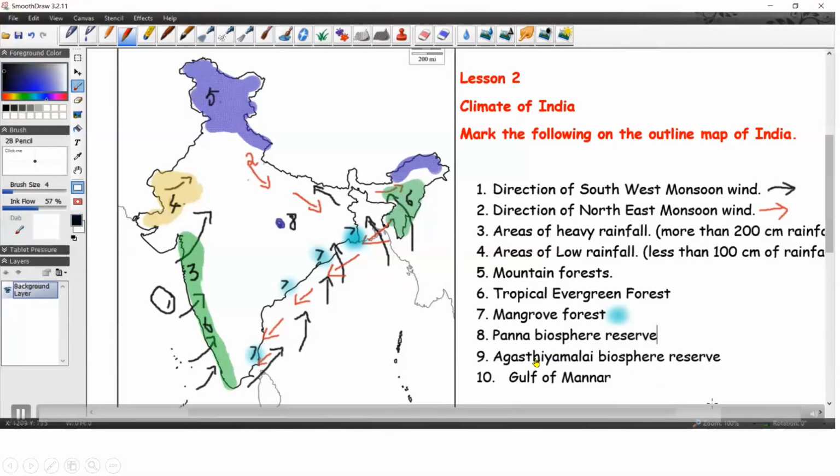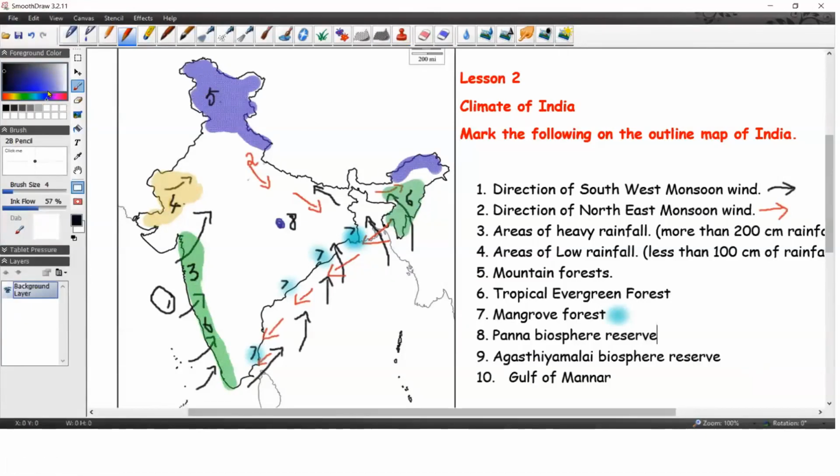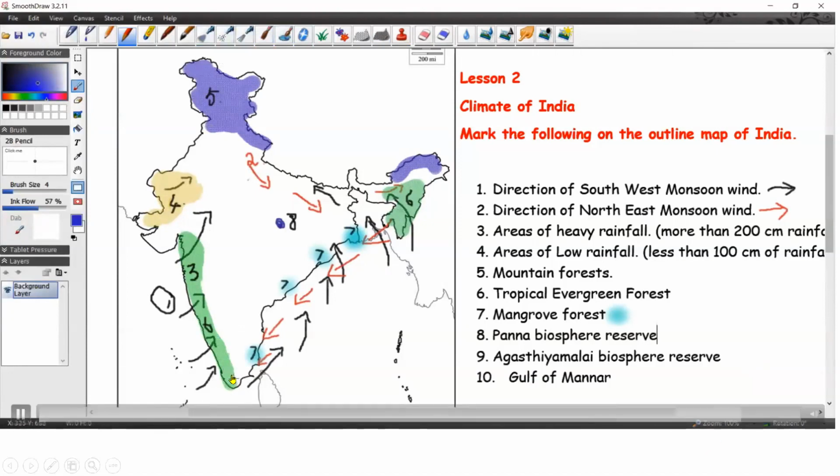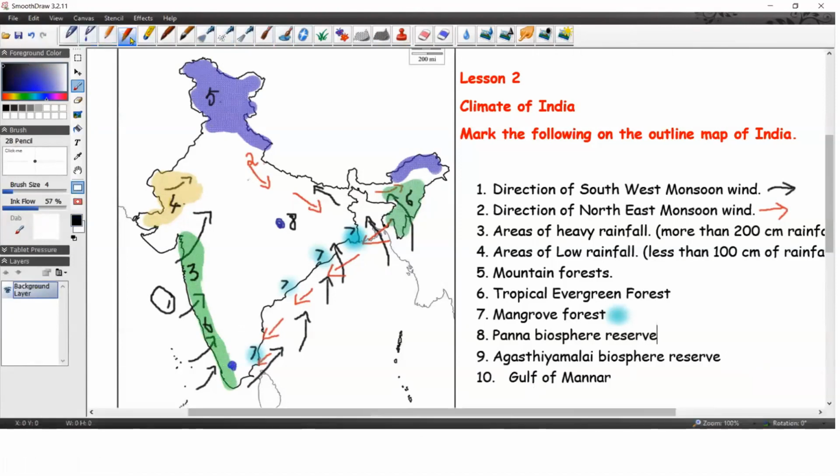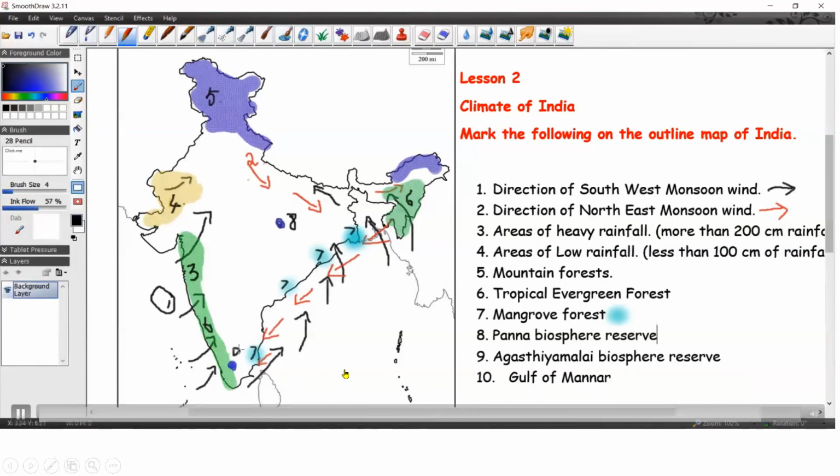And the next one is Agastyamalai Biosphere Reserve. It is on the border of Kerala and Tamil Nadu in South India. Here it is. This is number 9. Agastyamalai Biosphere Reserve.